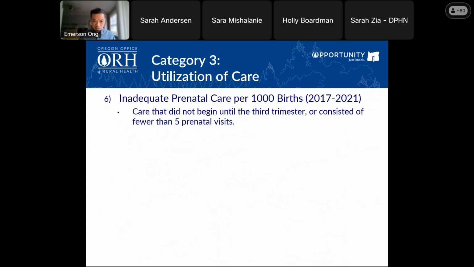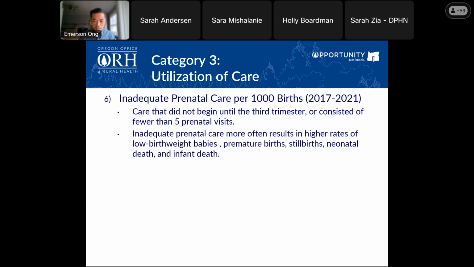The sixth variable, the first one for underutilization, is inadequate prenatal care per 1,000 births. This is care that did not begin until the third trimester or consisted of fewer than 5 prenatal visits. Inadequate prenatal care more often results in higher rates of low birth weight babies, premature births, stillbirths, neonatal death, and infant death.